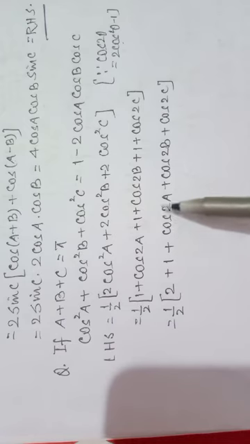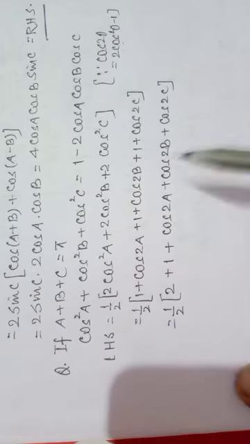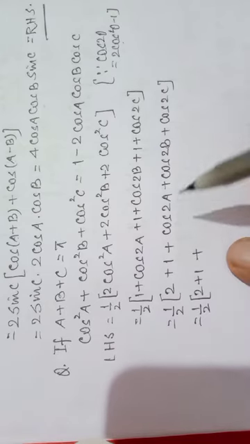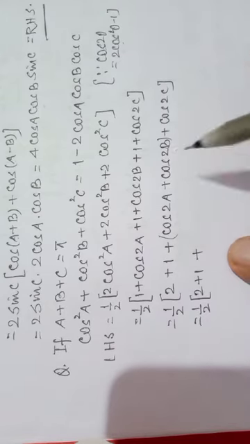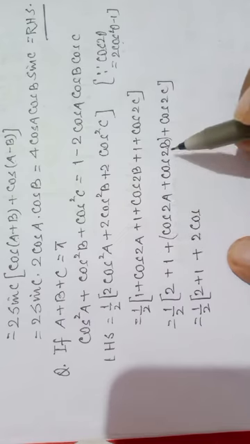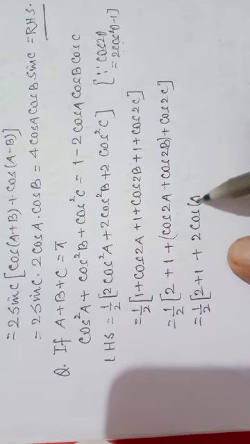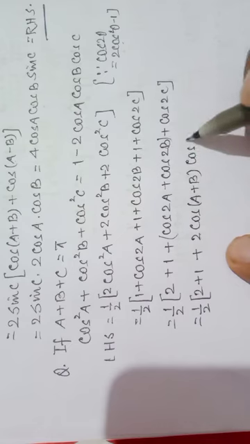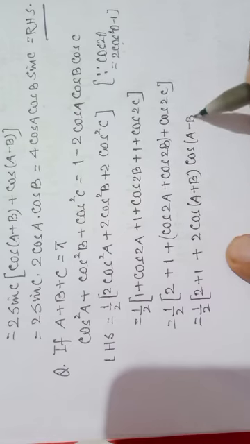Now apply the cos C plus cos D formula here. So 1 by 2. These together are the formula for 2 cos (2a plus 2b) by 2, which means cos (a plus b) into cos (2a minus 2b) by 2, that is a minus b.